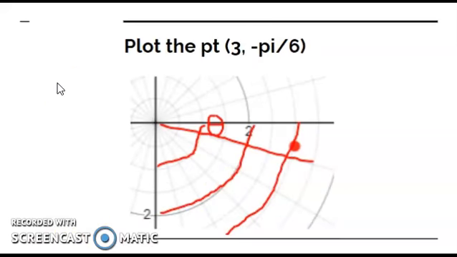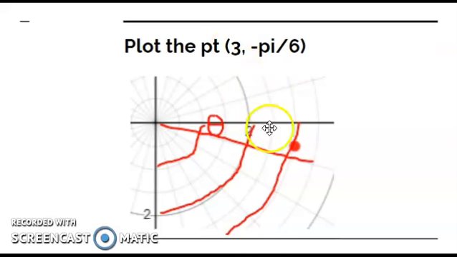Another point that I plotted in the polar coordinate system is (3, negative pi/6). In order to plot points in the polar coordinate system, you need to be familiar with the unit circle, since the polar coordinate system is made up of concentric circles.